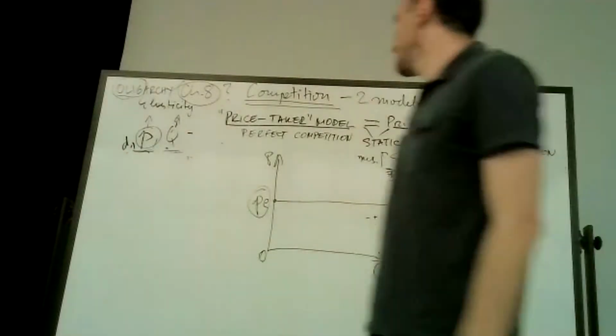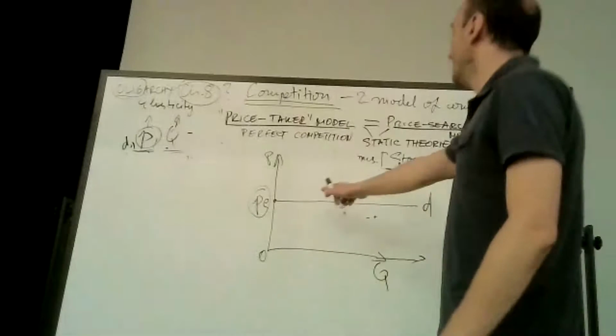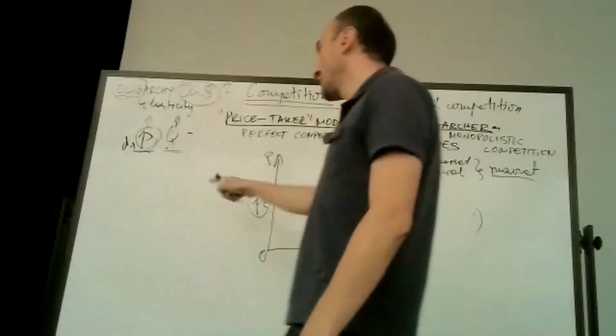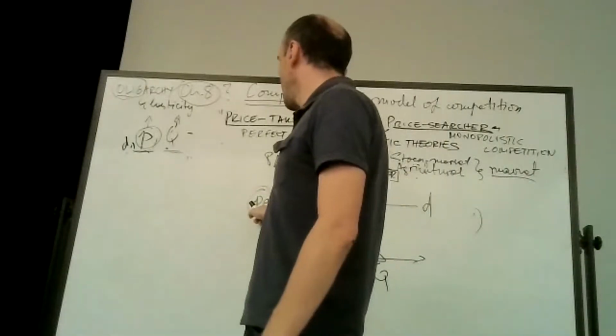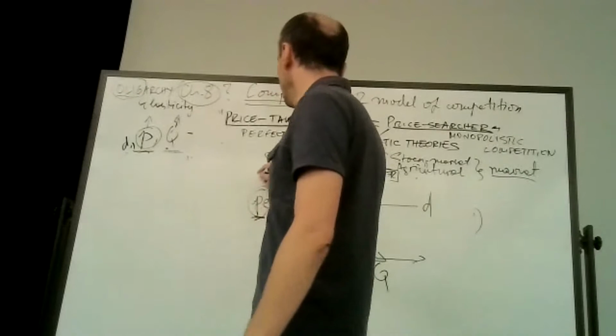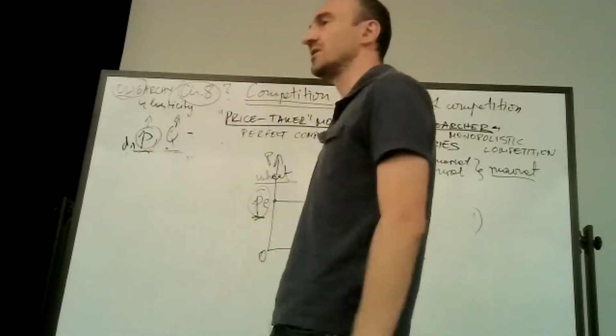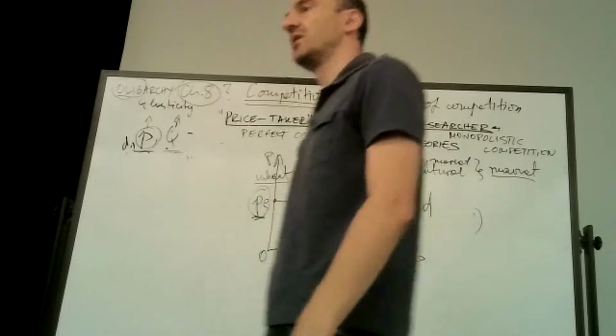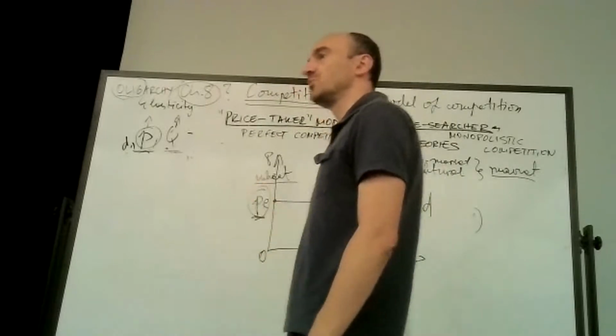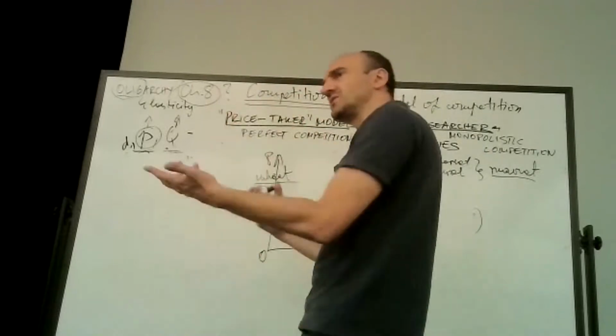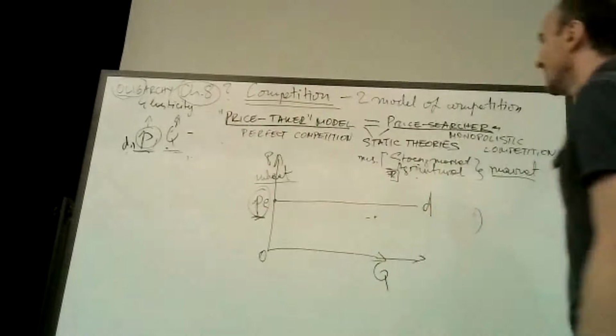Okay, so some concepts that we have to learn before I go back for a moment and try to explain how the market price, let's say that this is a wheat market, agricultural market, how the price of wheat is determined. If producers cannot dictate the price, what dictates the price? How is it determined?